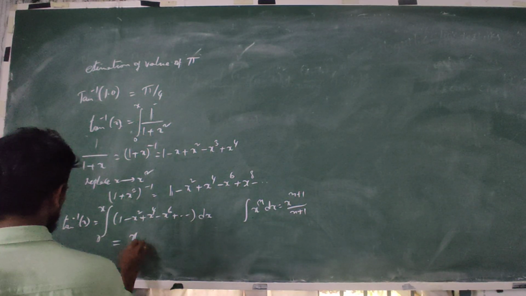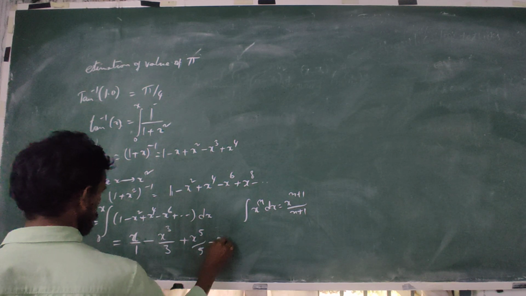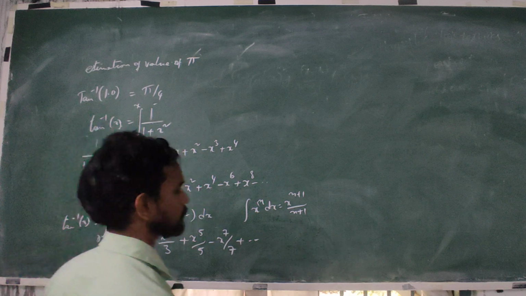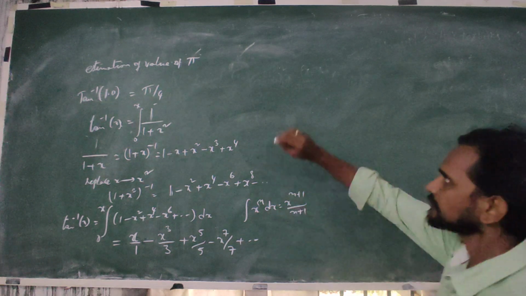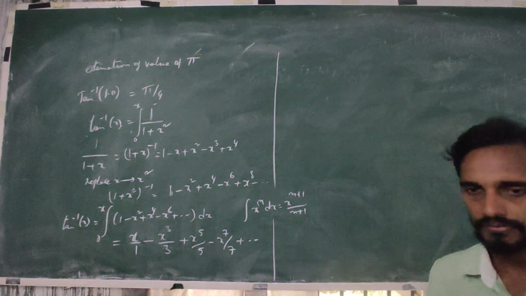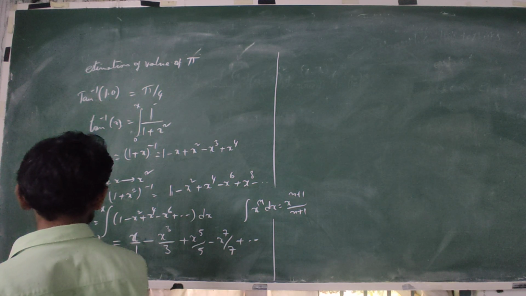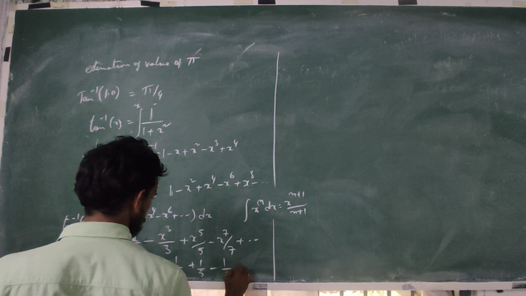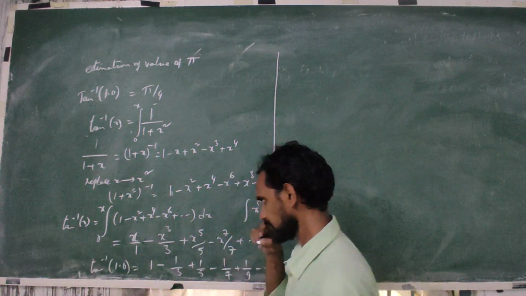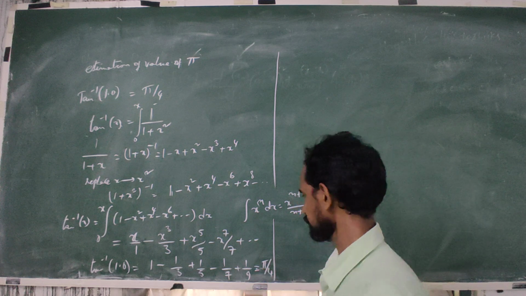So you get x by 1, x cube by 3, 1 minus 1 by 3 plus 1 by 5 minus 1 by 7 plus 1 by 9, like that. So this value will be equal to pi by 4.